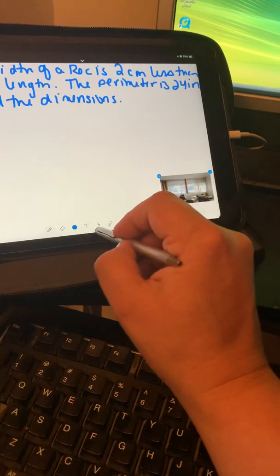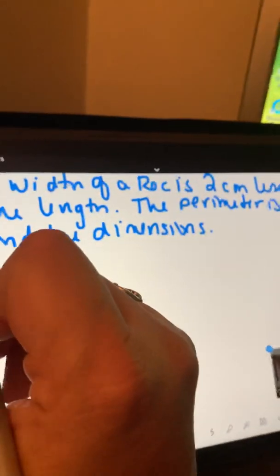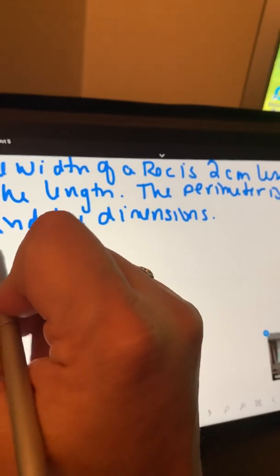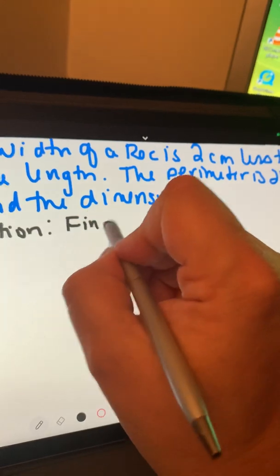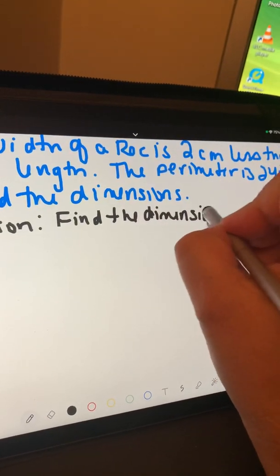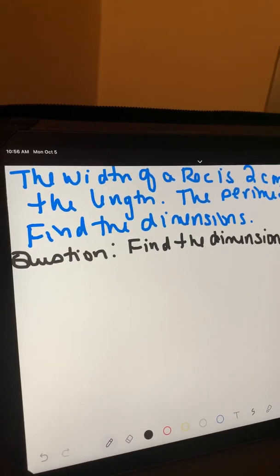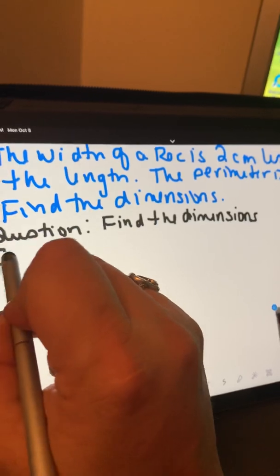First thing you need to write down is the question. So we write question. And in this, it's find the dimensions. Okay. You're given information, so your important information.